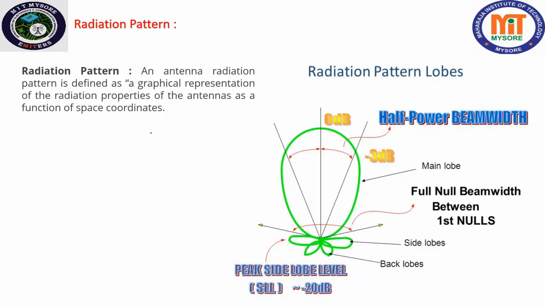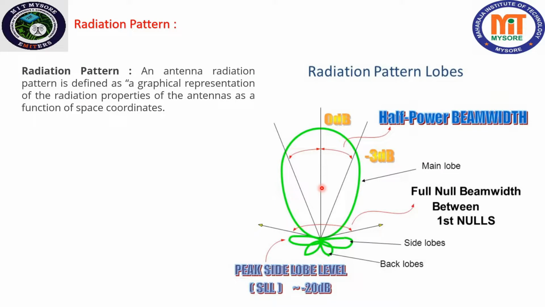So it is clearly defined over here. It is the graphical representation of radiation properties of antennas as a function of space coordinates. So XYZ coordinates you can consider. Using these coordinates, we graphically represent radiation properties of the antenna.